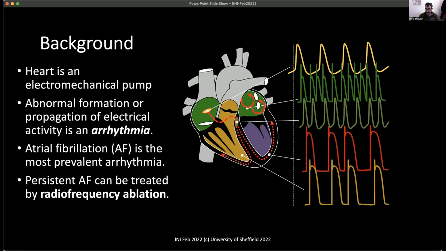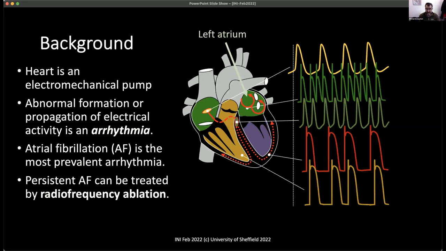It can be intermittent, so it can come and go, and it can be treated by radiofrequency ablation, which is where a cardiologist will use radiofrequency energy to damage part of the heart and stop the propagation of the electrical impulses.